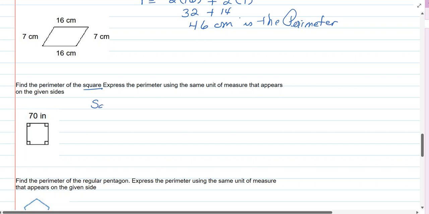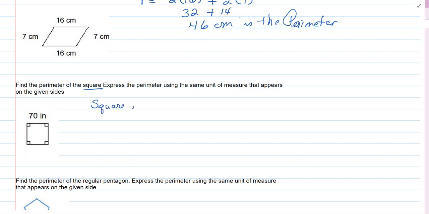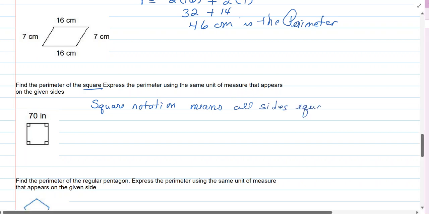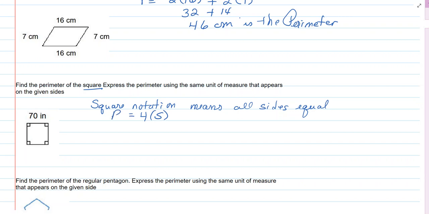Now here, the square notation means all sides equal. So we have a quadrilateral, so it's 4 times the side equals the perimeter. So then I would have 280 inches is the perimeter.